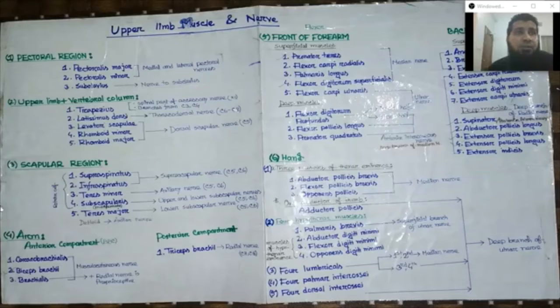Next, going to the scapular region, here are supraspinatus, infraspinatus, teres minor, subscapularis and teres major. These are the muscles. You have to know the nerve supply of these muscles also. Here teres minor is supplied by the axillary nerve. The anterior compartment of the arm has 3 muscles: coracobrachialis, biceps brachii and brachialis.